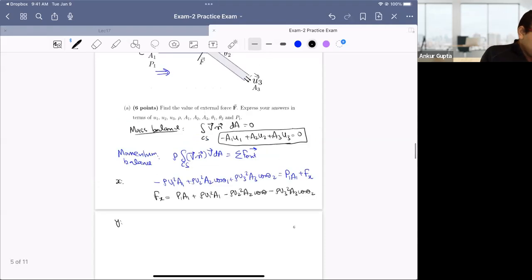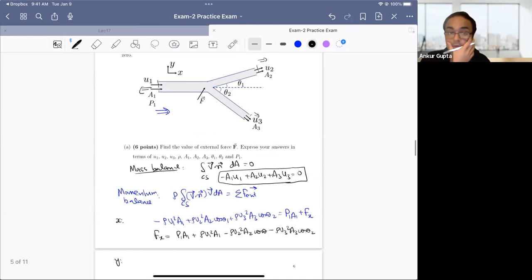Similarly, for y, we can do that. In the y direction, we don't have any component from the inlet because it's only in x. So we will take the components from the outlets, sine theta 1 and minus sine theta 2, because this one goes in this direction and the upper one goes in the top direction.